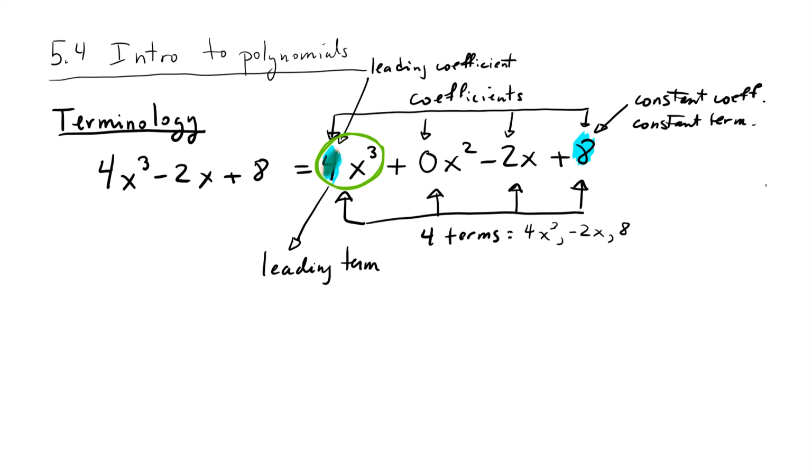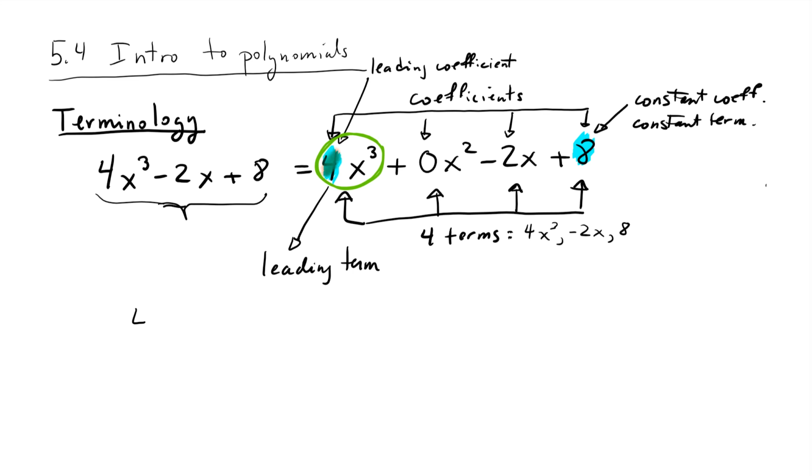So there are 3 terms. There are 4 terms if you include the 0x squared. But normally one would say that this initial polynomial has, my pen just died on me, that it has 3 terms. Okay.